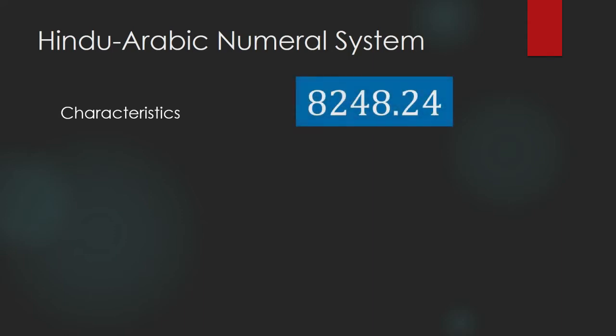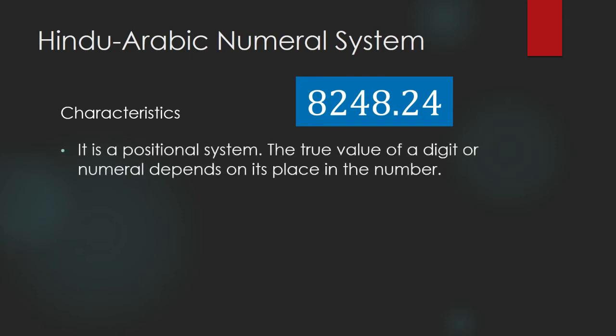So what are the characteristics of the Hindu-Arabic numeral system? It is a positional system. The true value of a digit or numeral depends on its place in the number. In this example, we have two 8s, but those 8s have different values. Although they appear the same, they in fact carry different values.